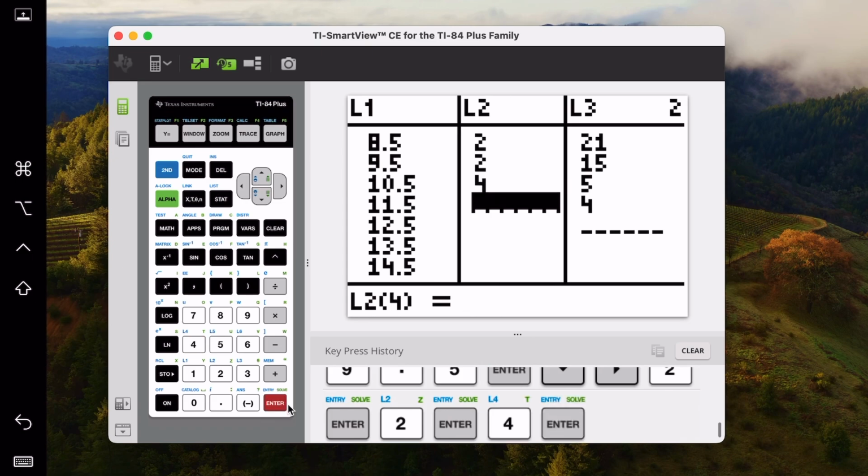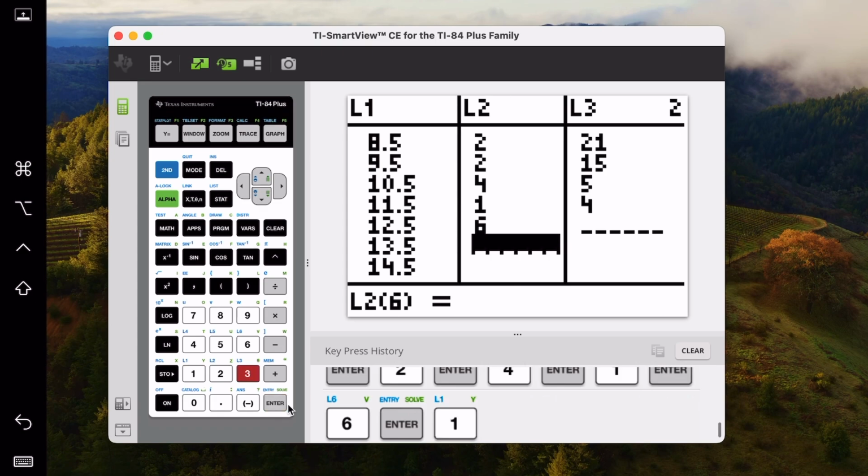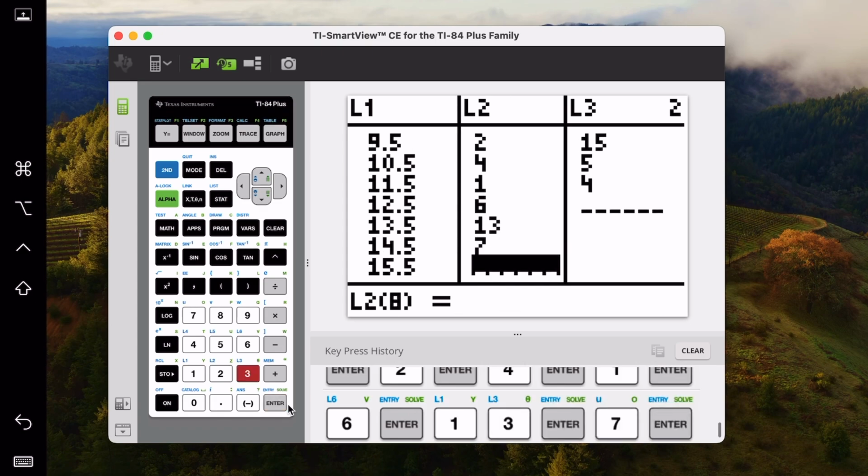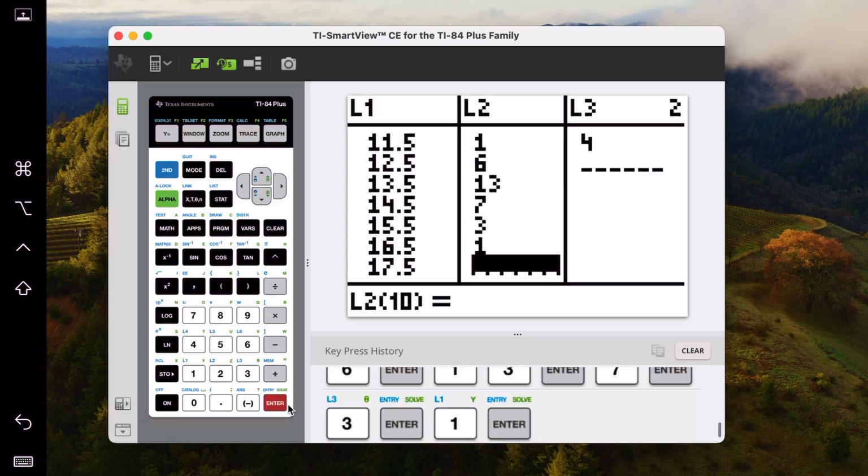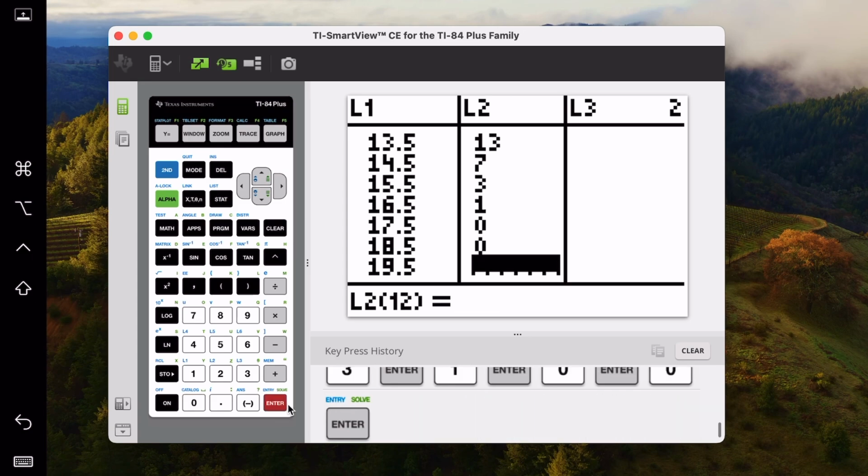Now, based on us using the class midpoint, this is going to be an estimate for our average. It's not going to be the actual average because we don't have a listing of all of the true data points. So we had 1 16.5, no 17.5, no 18.5, and then we had 1 19.5.